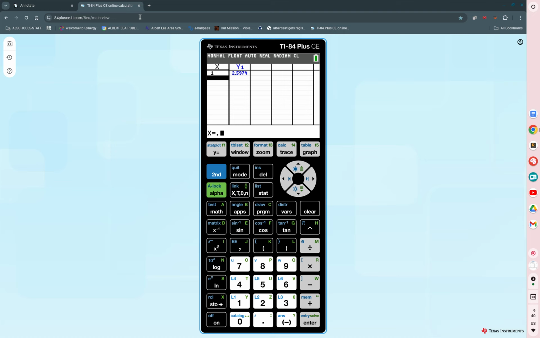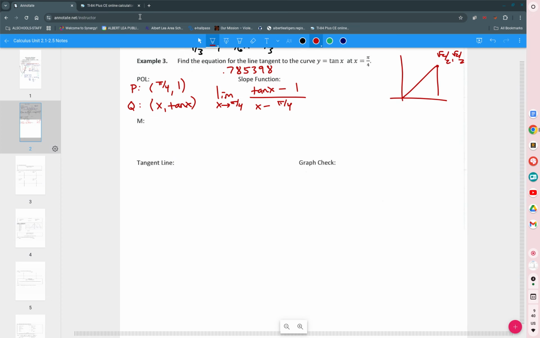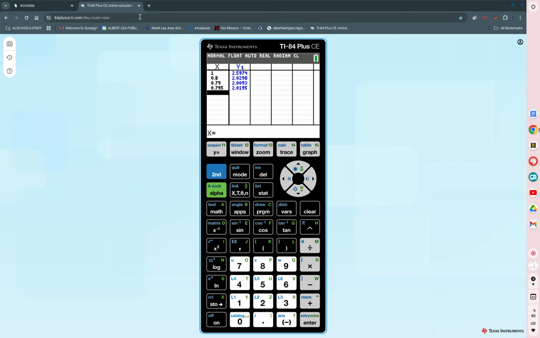Closer than that. 0.8 is closer, right? What's closer than 0.8? 0.79? What's closer than 0.79? 0.795.